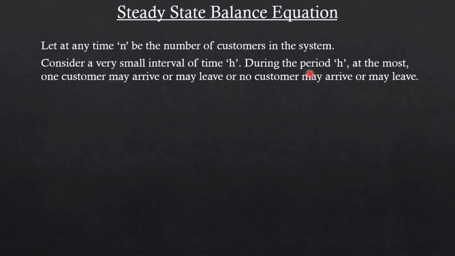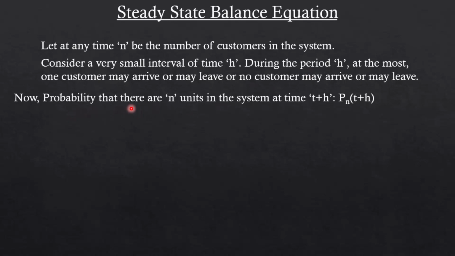That one event can be either one arrival or one service, or we can say no arrival or no service. Now the probability that there are n customers in the system at time t plus h is represented by P of n at time t plus h.